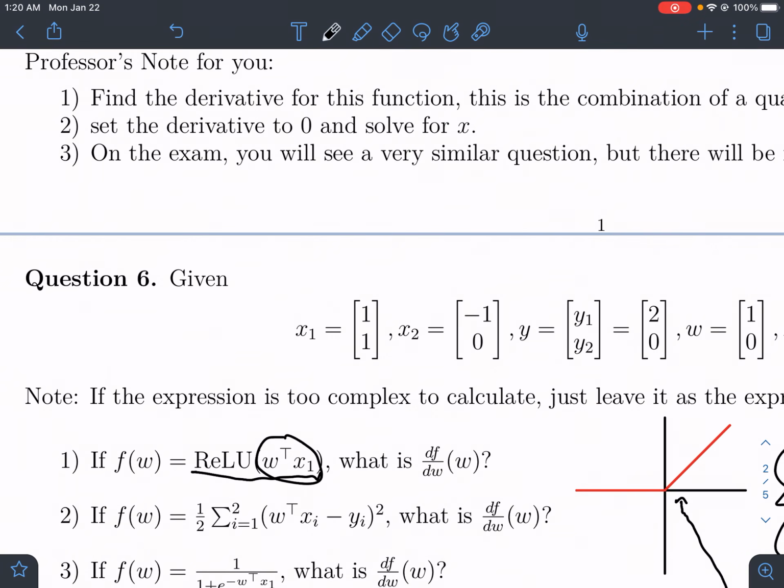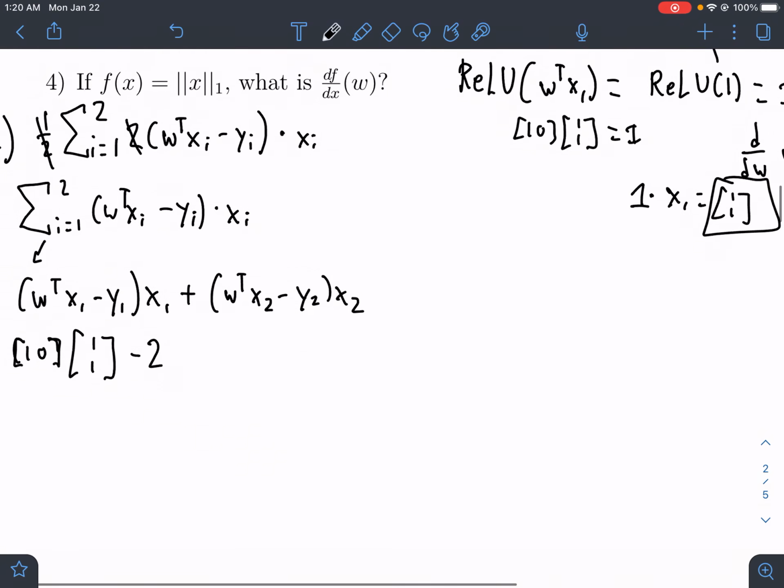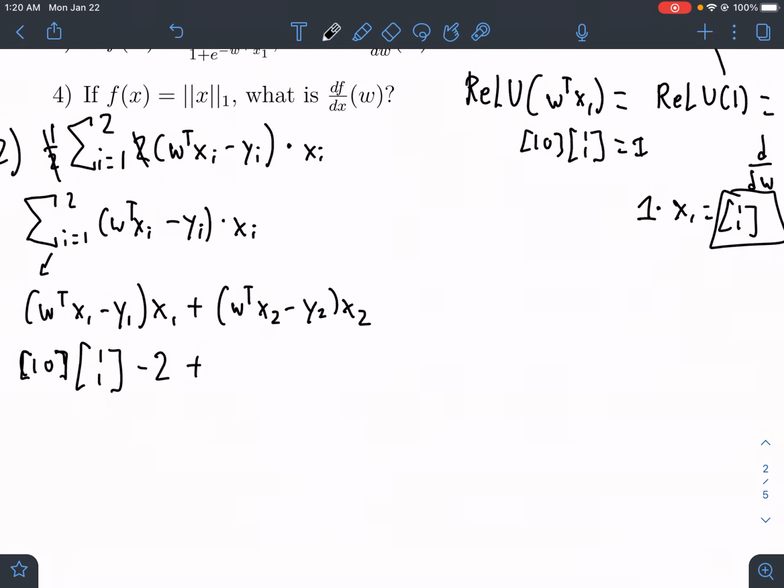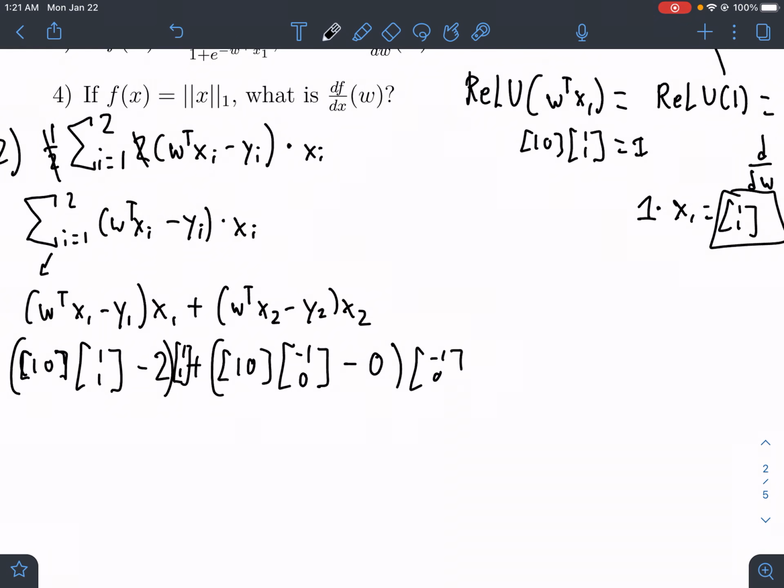Y sub 1 is 2, and x2 is 1. It's negative 1. So now we have 1, 0, negative 1, 0, minus 0. Oh, these all need to be multiplied by 1, 1, negative 1, 0.